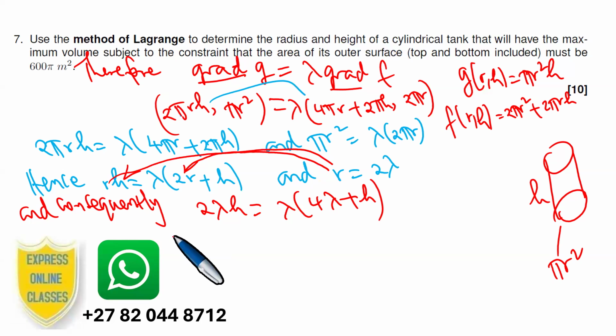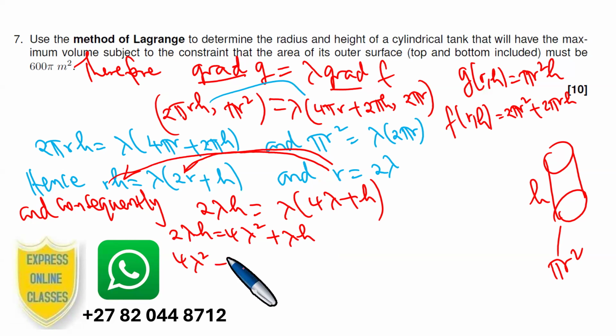So now, what is this? 2 lambda h is 4 lambda squared plus lambda h, which gives 4 lambda squared minus 2 lambda h plus lambda h equals 0. Now, minus 2 lambda h plus lambda h is minus lambda h, so 4 lambda squared minus lambda h equals 0.